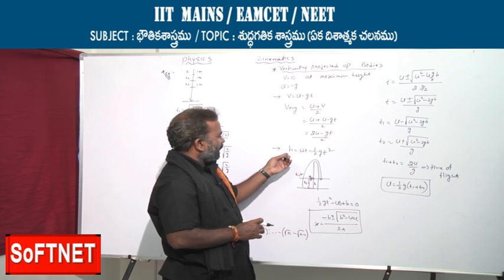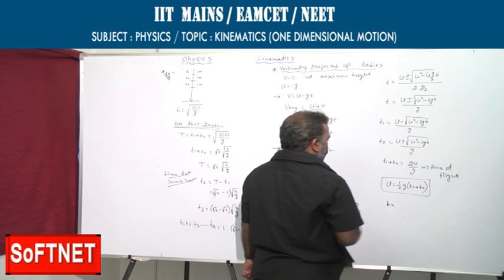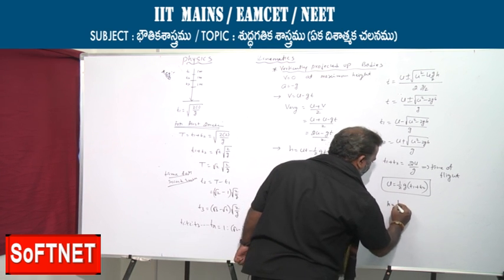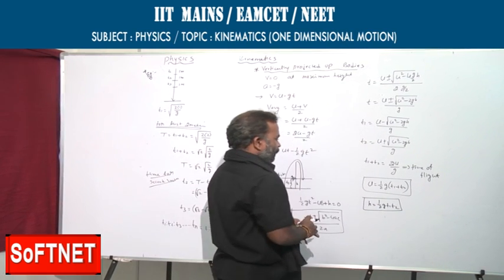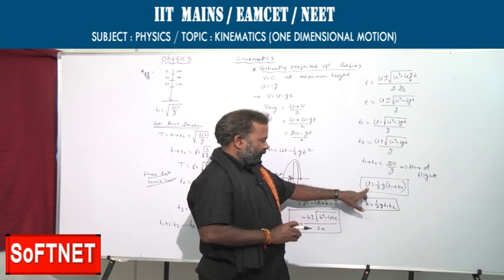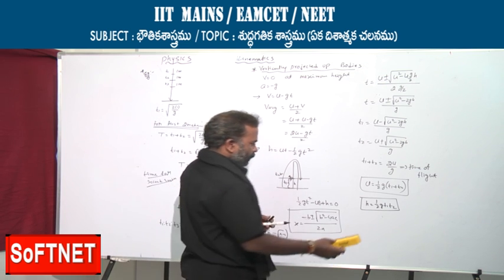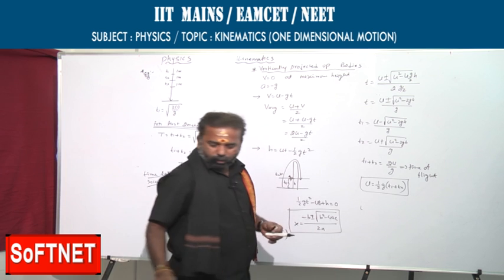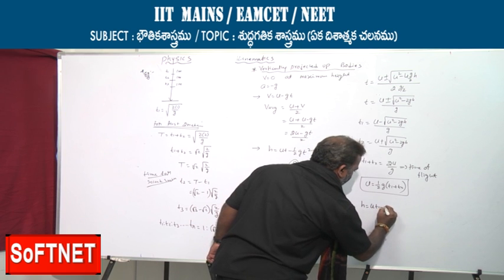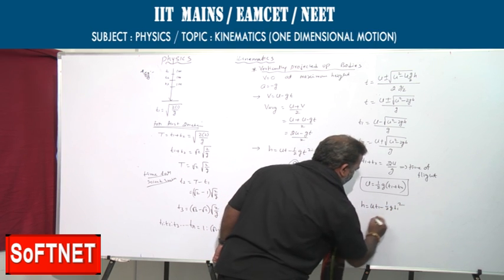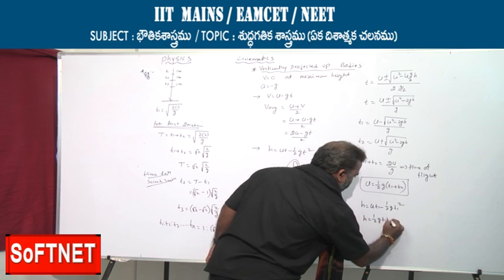So in this way, you can calculate the h value also. If you want h here, on simplifying you will get half g t1 t2. When you substitute the value of u, taking h is equal to u t1 minus half g t1 square, with u substituted and on simplifying, you will get half g t1 t2.